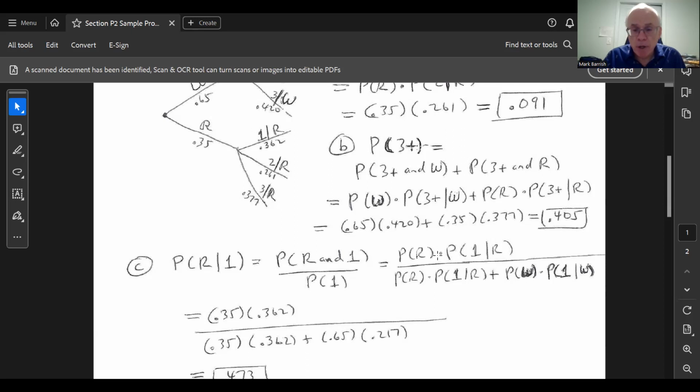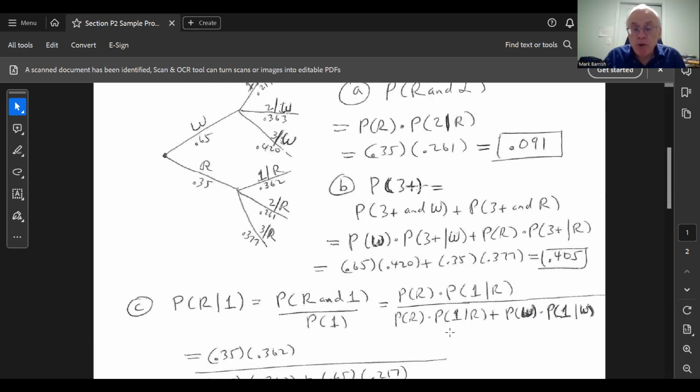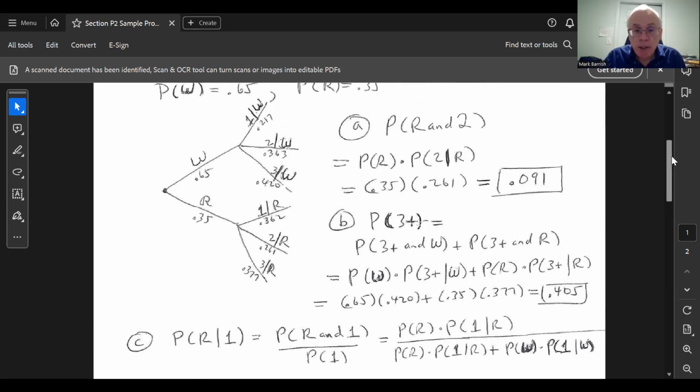It's the probability of R times the probability of 1 given R. Okay, because that's what's given in the tree. The denominator is the probability of 1. By the way, if you wanted to, you can write everything out and just plug in the information from the numbers that are given, or you can leave the probability of 1 there. And the only thing you have to do is convert the numerator.